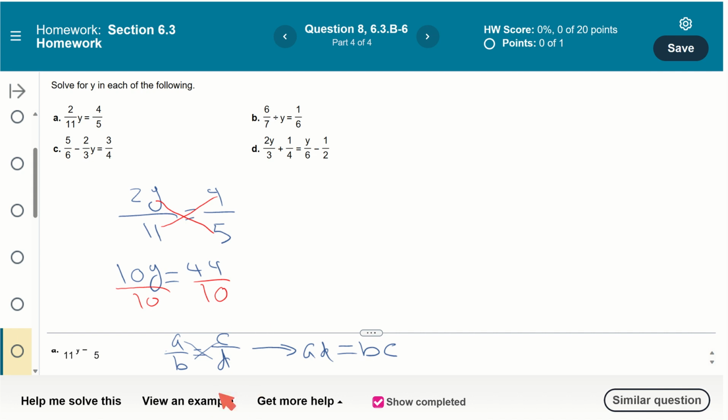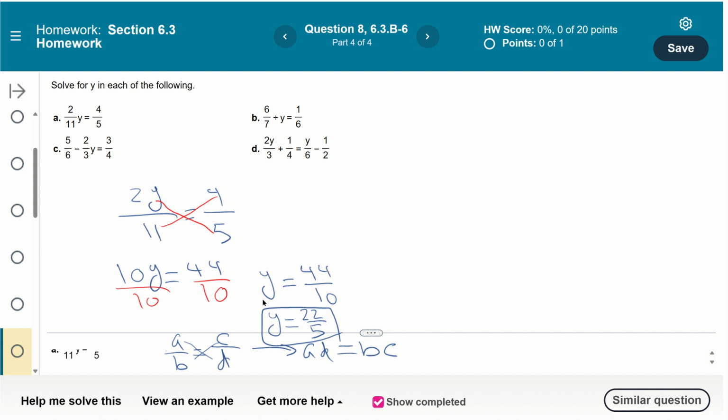So we get, therefore, y is equal to 44/10, which we can reduce to 22/5. All right? So the principle of cross multiplication is very powerful. Make sure you're utilizing it.